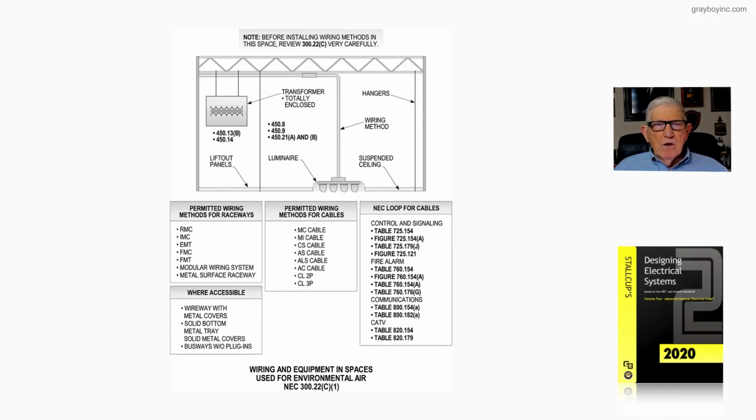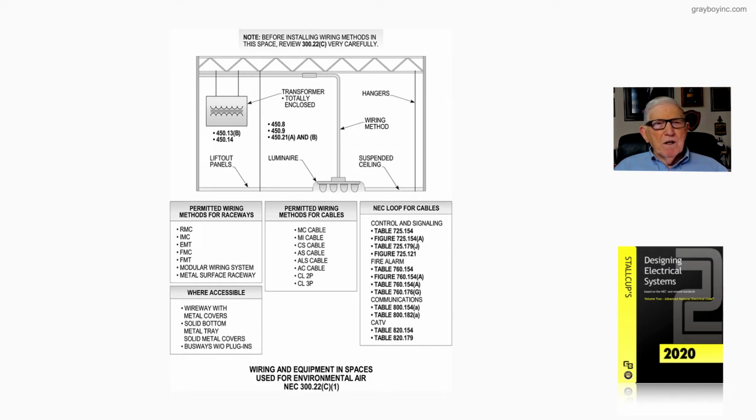But this whole area is being used for return air systems in accordance with 300.22(C) of the code. Now, a lot of people are always asking, what can we use equipment-wise, wiring-wise, conductor-wise, in a suspended ceiling used for environmental air purposes?